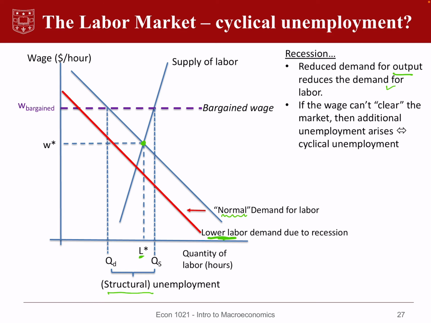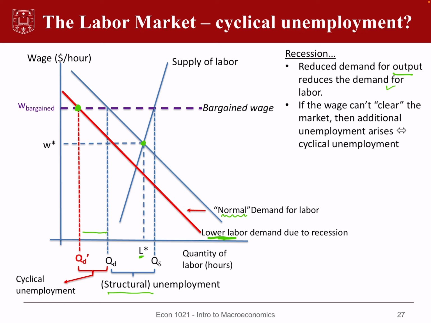Well, again, if the wage can't clear the market, then we're going to see additional unemployment that's arising for cyclical reasons. So, in other words, at this bargained wage and the new labor demand curve, the one that's in purple, this defines the quantity demanded of labor.